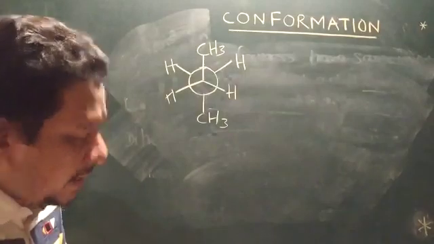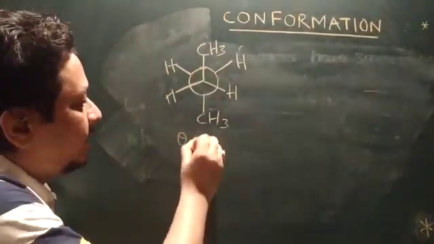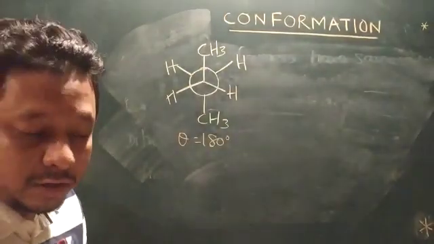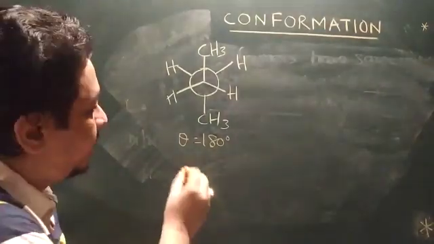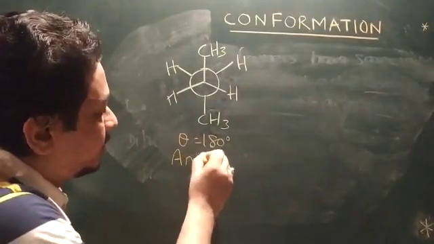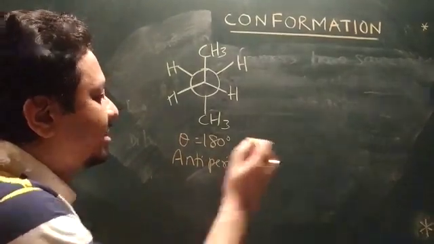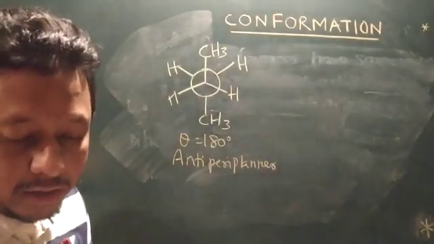Now if you see the dihedral angle between the 2 methyl groups, it is 180 and there is no repulsion at all. So this particular conformation is known as anti-periplanar, which is more stable because of lack of van der Waals repulsion.